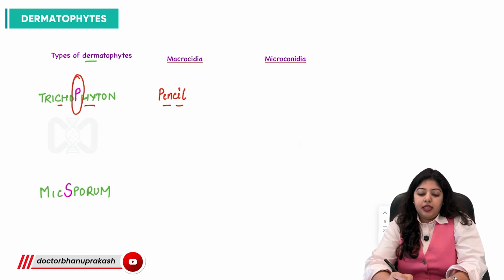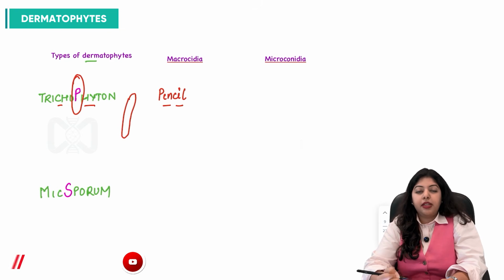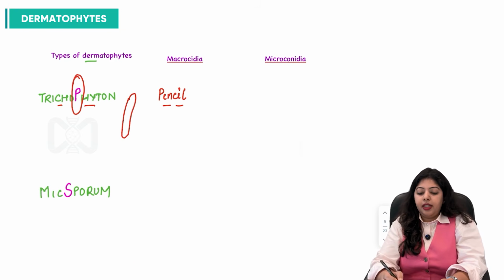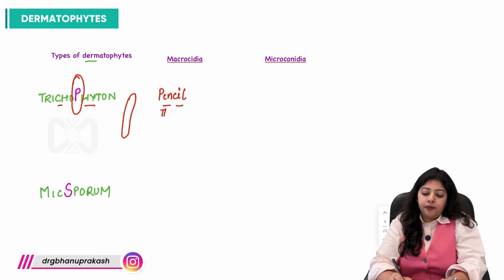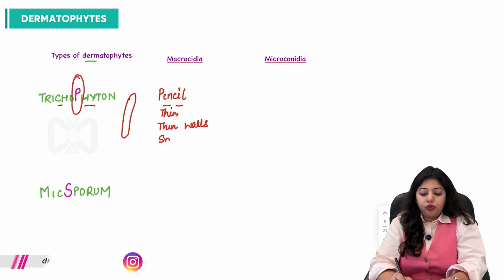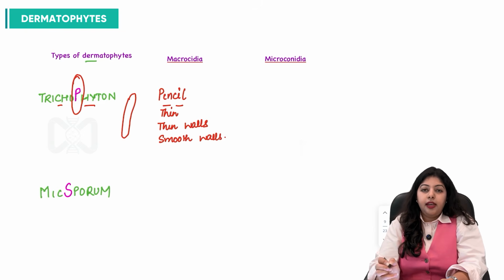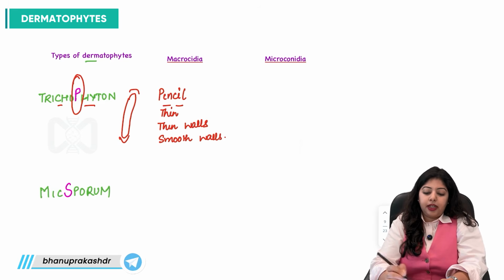So the Trichophyton macroconidia are going to be pencil shaped, of course thin, with thin walls, again smooth walls, and the ends are going to be blunt.